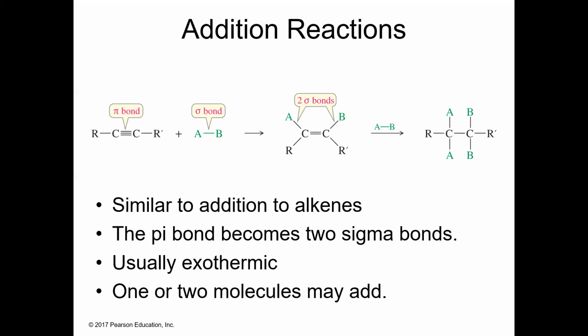And 1 or 2 molecules may add. Okay, so here's the general reaction. So AB adds to the alkyne to give us an alkene. And then another AB could also add to give us the alkane.